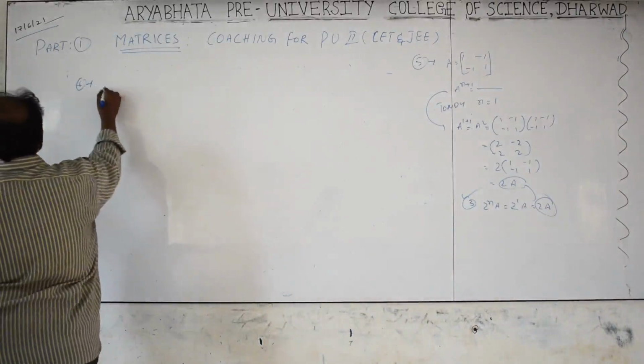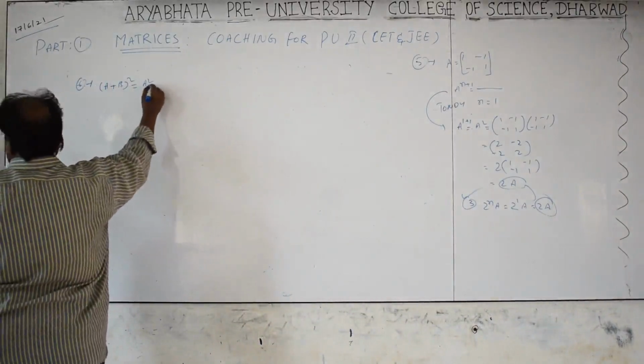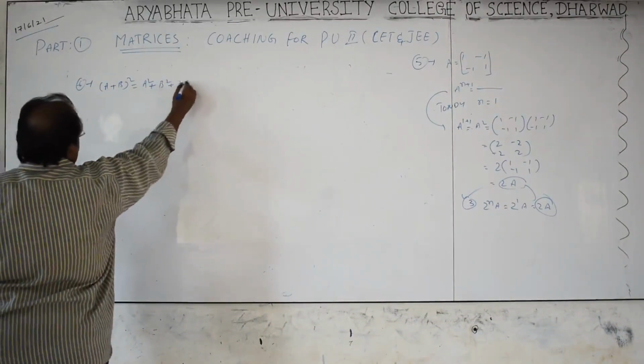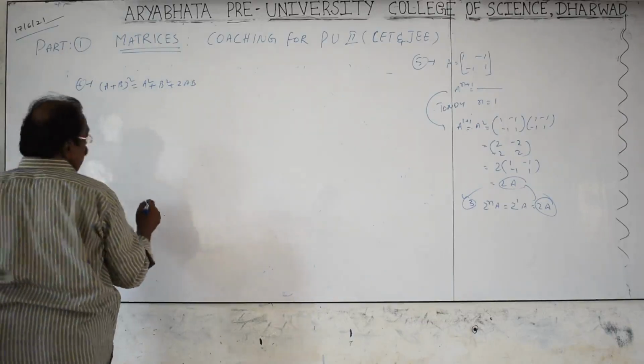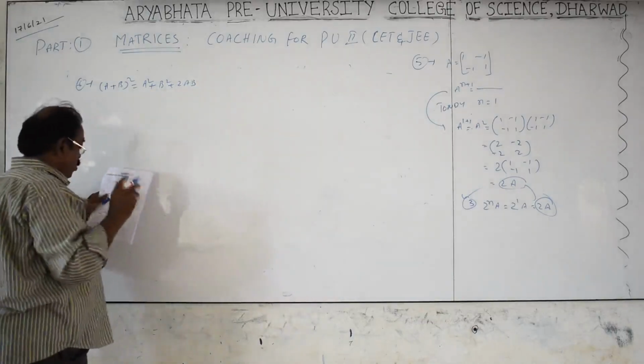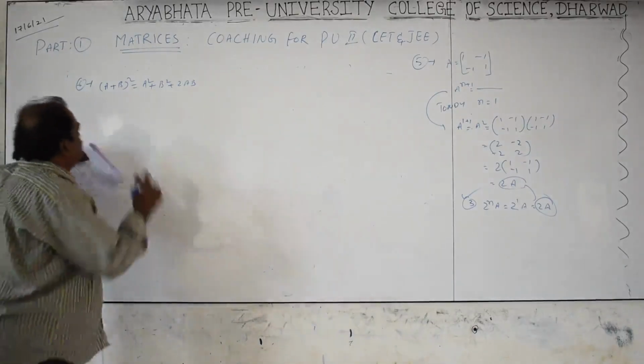Sixth question, you see, we are given A plus B whole square is equal to A square plus B square plus 2AB, where A and B are square matrices. We are given square matrices only.